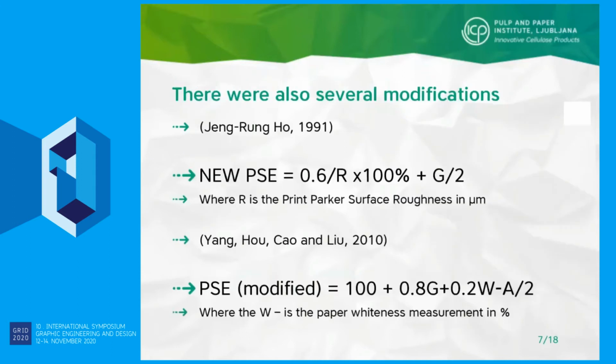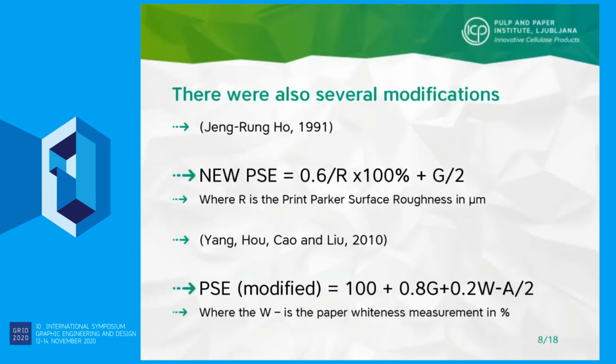There were also several modifications in the last century and some in the newer century. This is the new paper surface efficiency formula, where they included the print-parter surface roughness, which is similar to the tools they used in the paper matrix, which is the basis for the ISO standards.